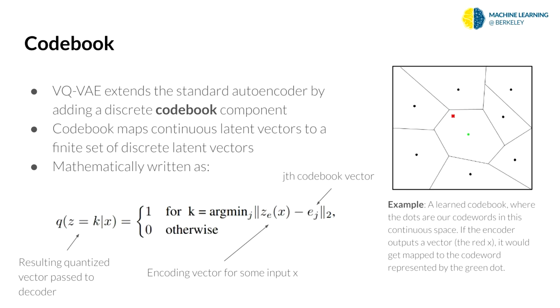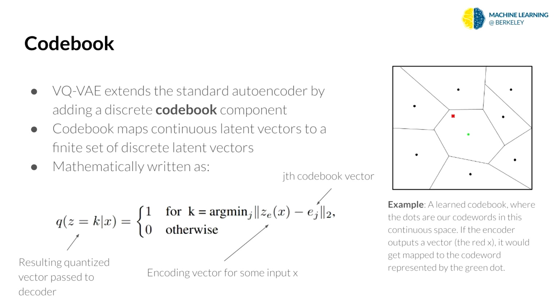Mathematically, this is written as the equation you see at the bottom. While it might look complicated, it's essentially just taking the L2 norm and minimizing it to find the closest one. On the right there is an example of a learned codebook. Before, we had a continuous space, like this 2D graph of all these different points, right?